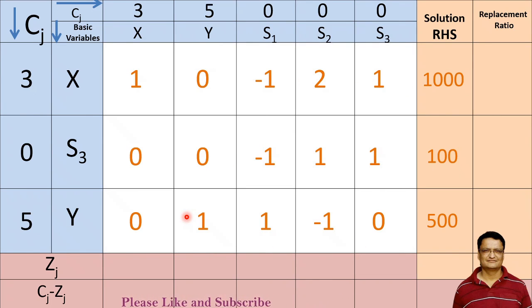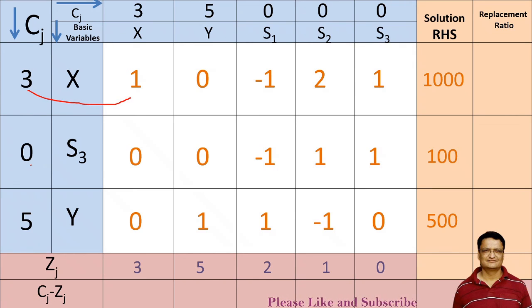Now I have to calculate the ZJ value. You know the procedure for how to calculate the ZJ value. So I have computed the ZJ value. How did I compute that? This 3 into 1 plus 0 into 0 plus 5 into 0 will give me the value of 3. Similarly, I have calculated all the ZJ values, and now I have to calculate the CJ minus ZJ value.